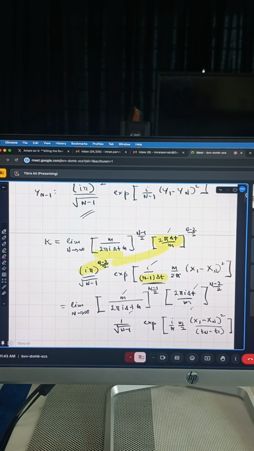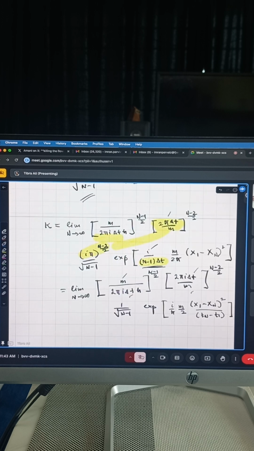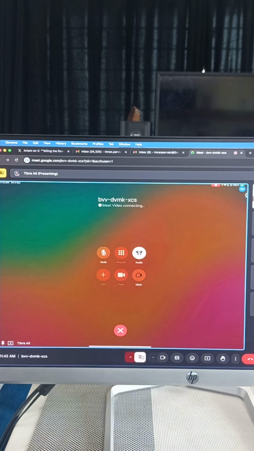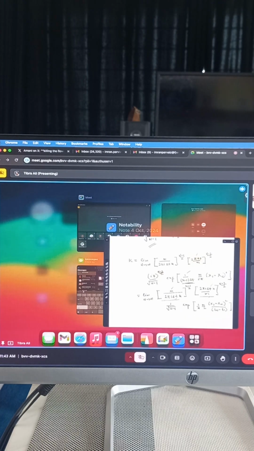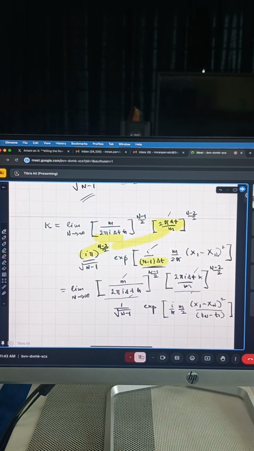So everything is basically just exactly the inverse of this, except that here there is one more power than there is over here, right? So all of those things cancel out.